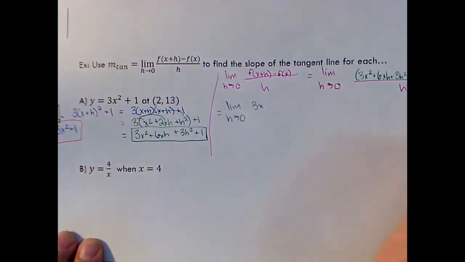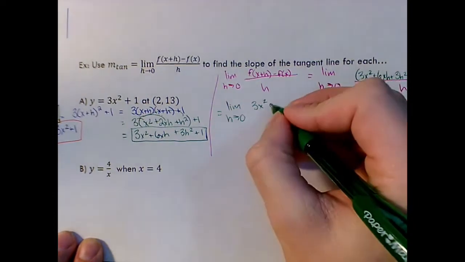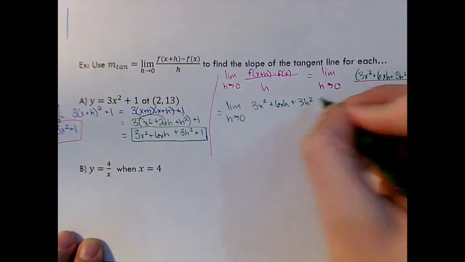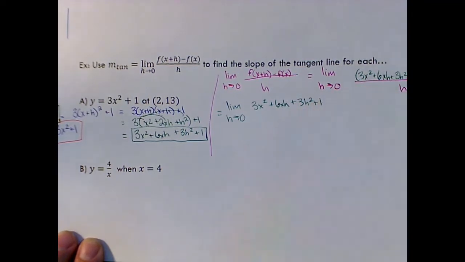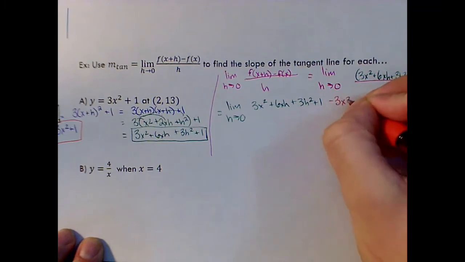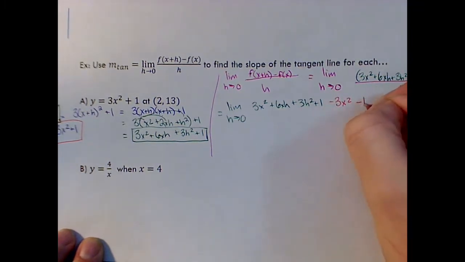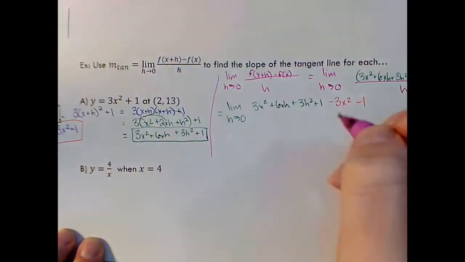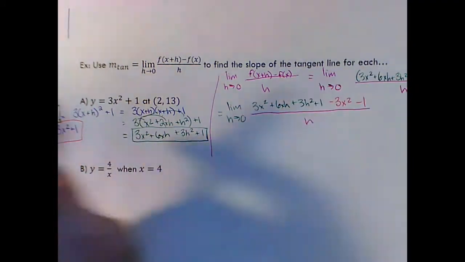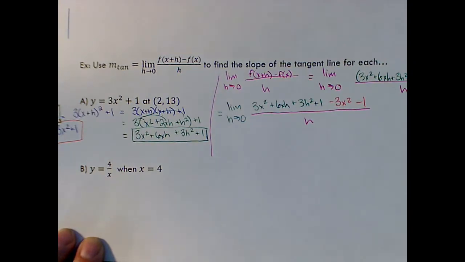I have 3x squared plus 6xh plus 3h squared plus 1. And then you distribute the negative here. Minus 3x squared minus 1 over h.